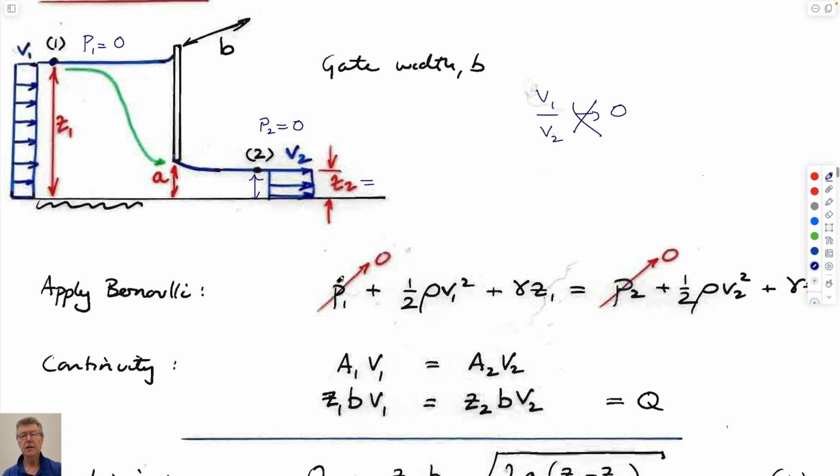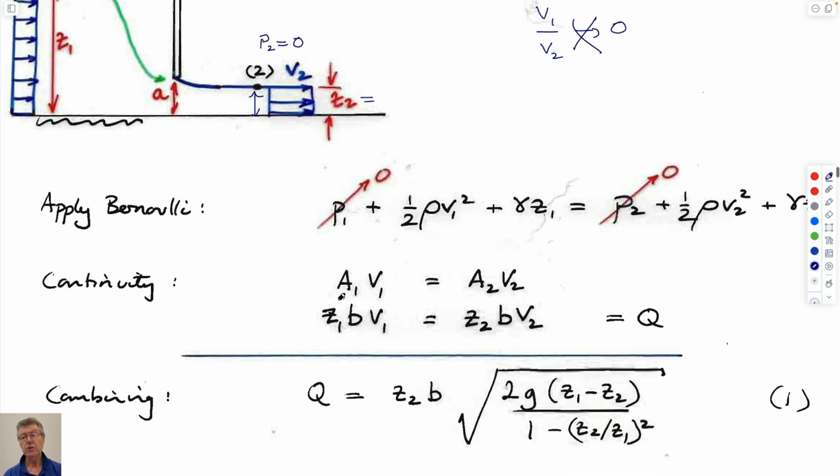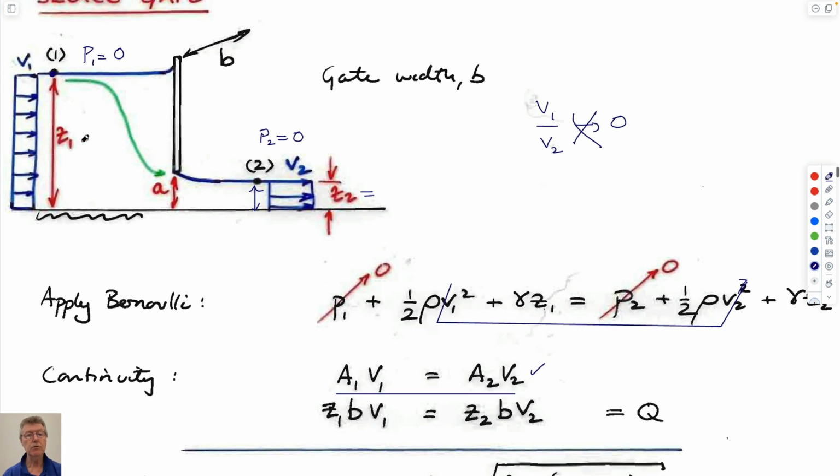So we write Bernoulli between upstream pressures, downstream elevations. The streamline that we take is on the top of this. We have the velocities upstream and downstream. We can use continuity to link them because we have these 2 velocities that we want to somehow link. They're not zeros, but we can link them through this. The cross-sectional area is going to be equal to the depth of flow multiplied by how wide our sluice is, which is what this is.